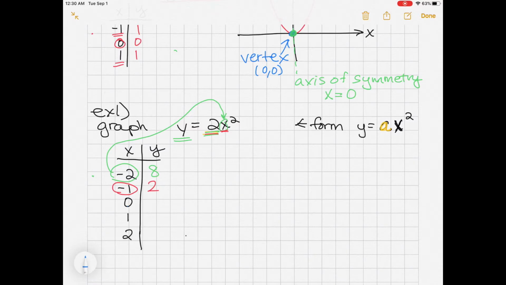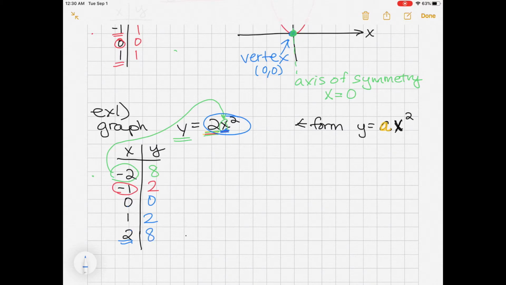Let's do 0. 0 squared is 0, times 2 is 0. Anytime we pick a value for x, we have a value for y that comes out of the function. 1 squared is 1, times 2 is 2. Last one, 2. 2 squared is 4, times 2 is 8.